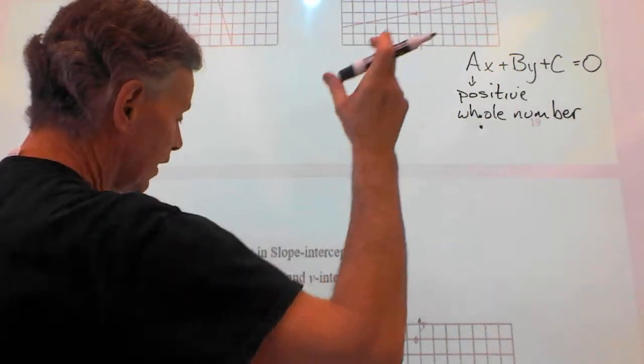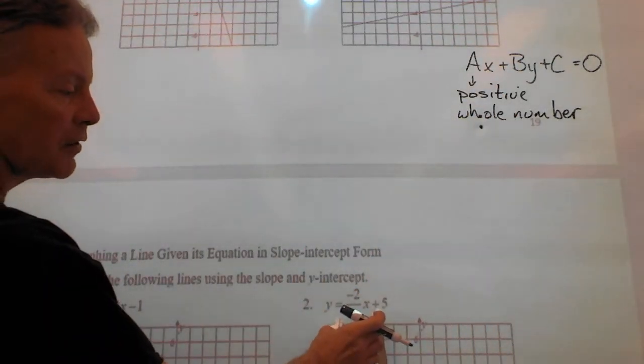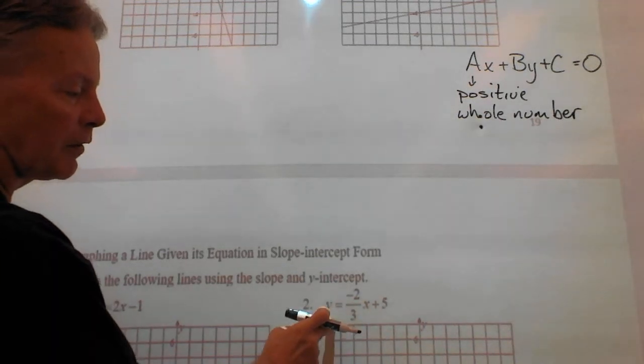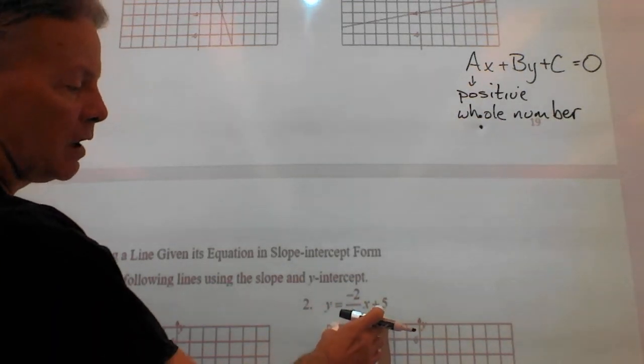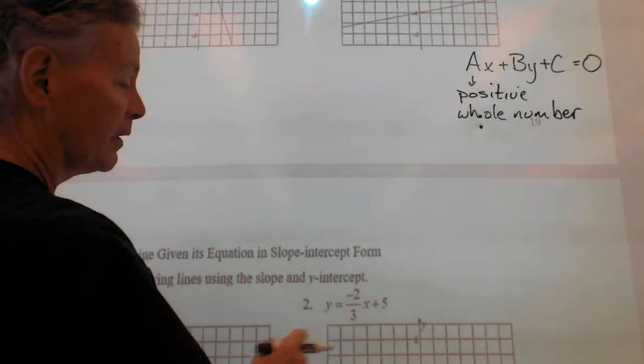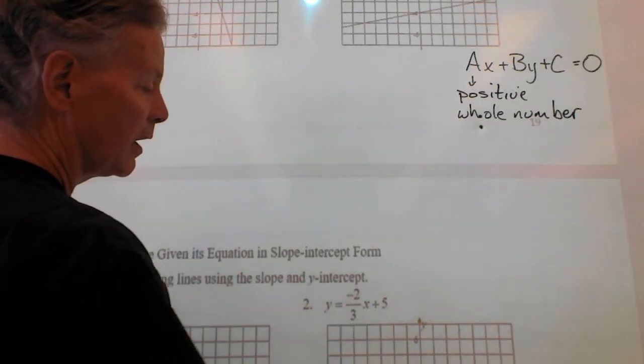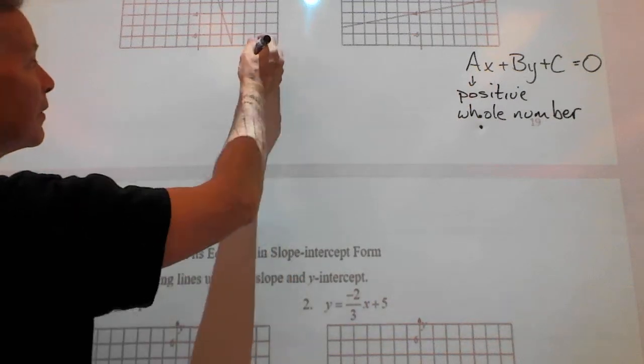Anyways, let's take a look at a couple of examples and just rearrange them from slope-intercept form into general form. So, because this one is here, we'll do it. Okay? So y equals negative 2/3 x plus 5.